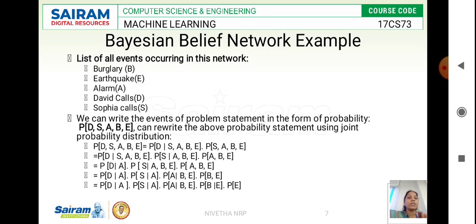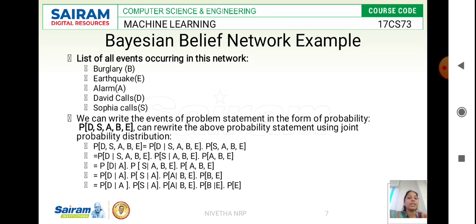Now we are supposed to find the probability distribution of all these events. What is the probability of the occurrence of all the events? Probability of D, S, A, B, E, where D is David call, S is Sophia call, A is alarm, B is burglary, and E is earthquake. When they are related, we derive the probability distribution function.